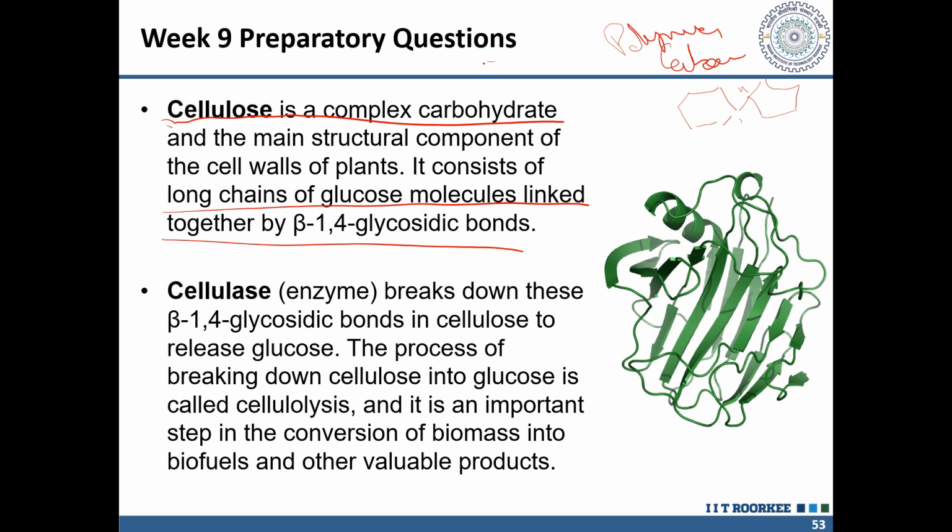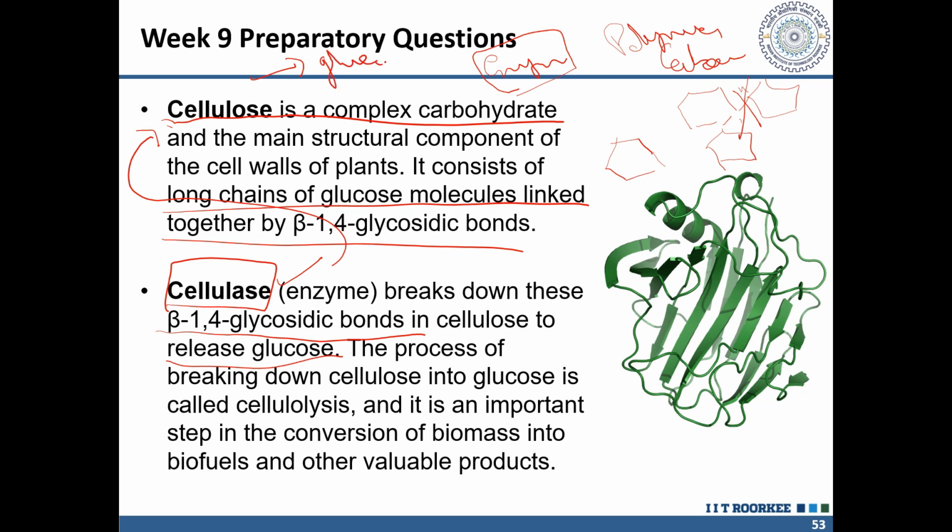This can be done by a type of enzyme, and the particular enzyme which does this is known as cellulase. Cellulase is an enzyme which breaks down these bonds in cellulose to release glucose. So it breaks down this bond, and thus we can get individual glucose separately, so that this glucose can be converted into biofuels.